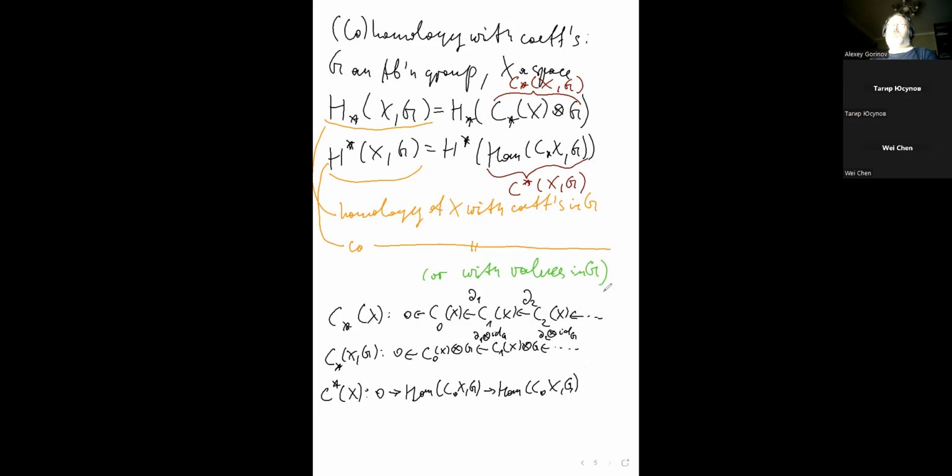The differential used to decrease degrees, and now it's doing the opposite thing. It's increasing the degrees of the elements.